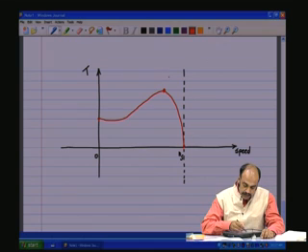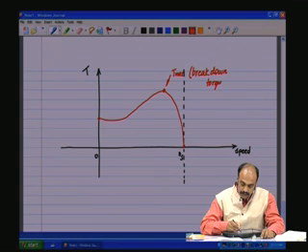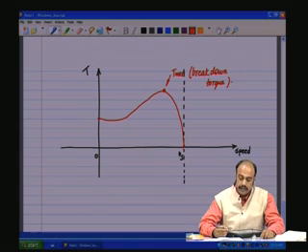This is called the maximum torque, Tmax, or the breakdown torque. Torque is in Newton meters, Nm.